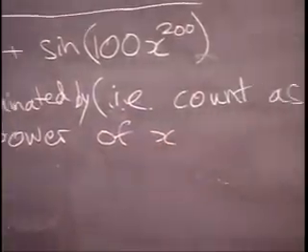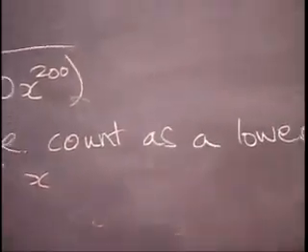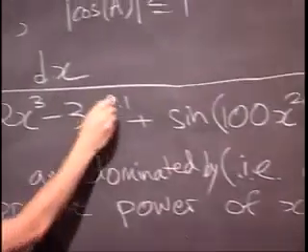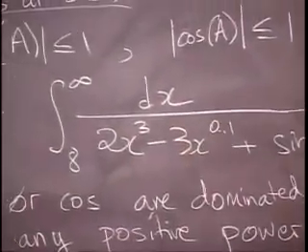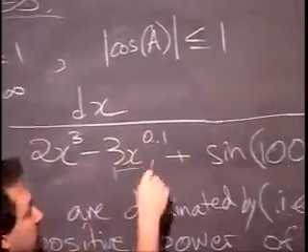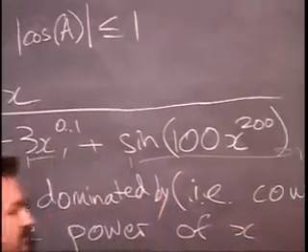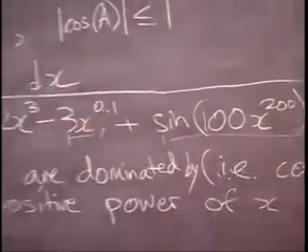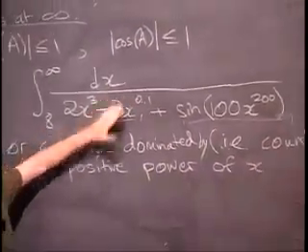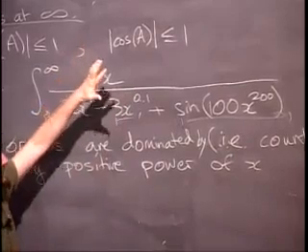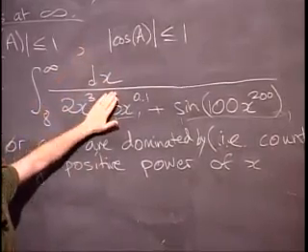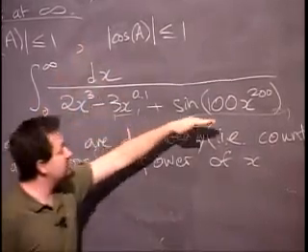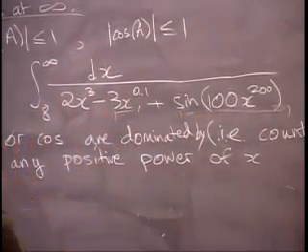I'm not expressing myself very well. So in the hierarchy, here we have x cubed. That beats up on x to the point 1, because 3 is bigger than 0.1. But even x to the point 1 would beat up on sine, because x to the point 1 still gets quite big. As x gets large, it gets very big. Whereas this is still trapped between minus 1 and 1 and is insignificant.